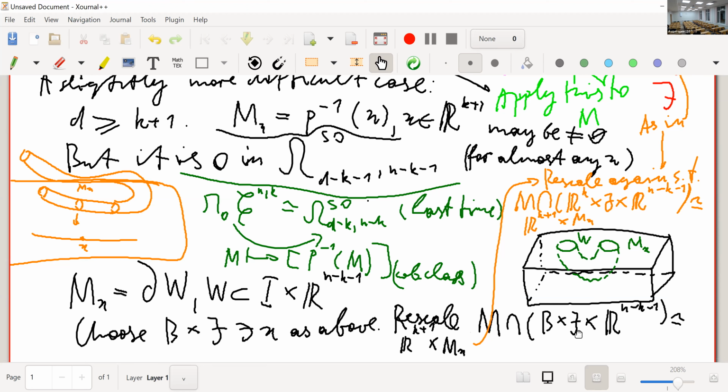Okay, and then we need one more step. We need to kill this part which is shown in green, dark green. What do we do?